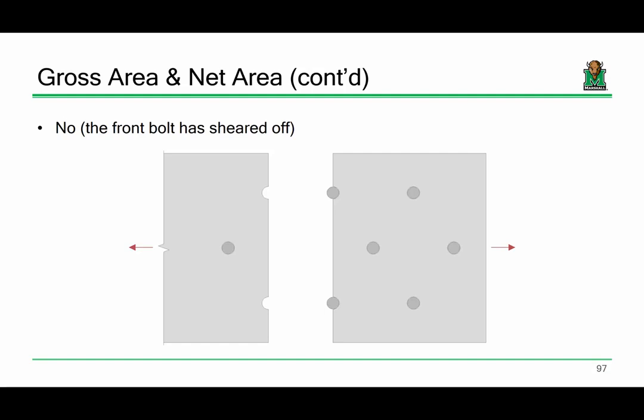And so the reason why we don't consider that path is because this path is not seeing the full amount of load. It's only seeing 6/7 of the load, because this bolt has already taken off some of that stress. So we only consider bolts along the lead line because they're the only paths that are seeing 100% of the load.